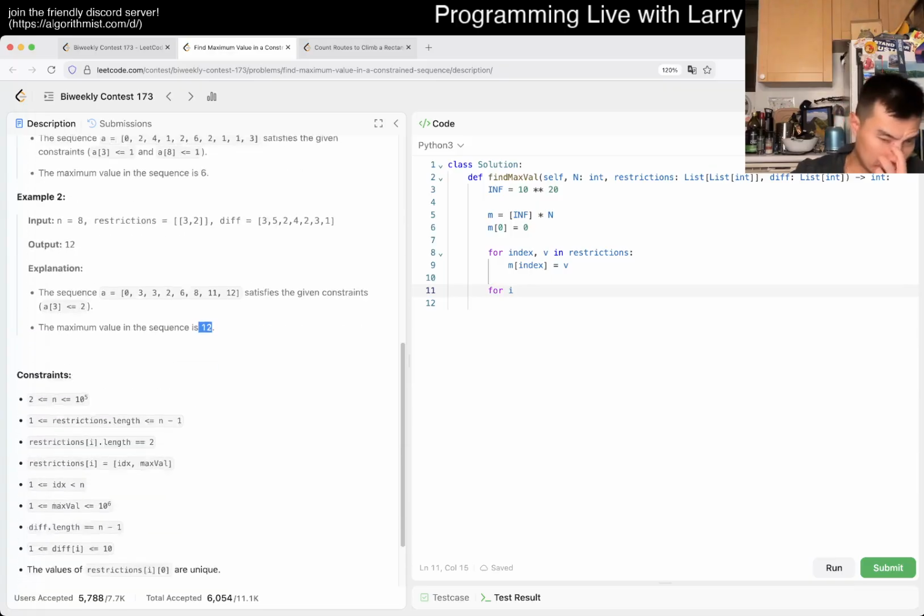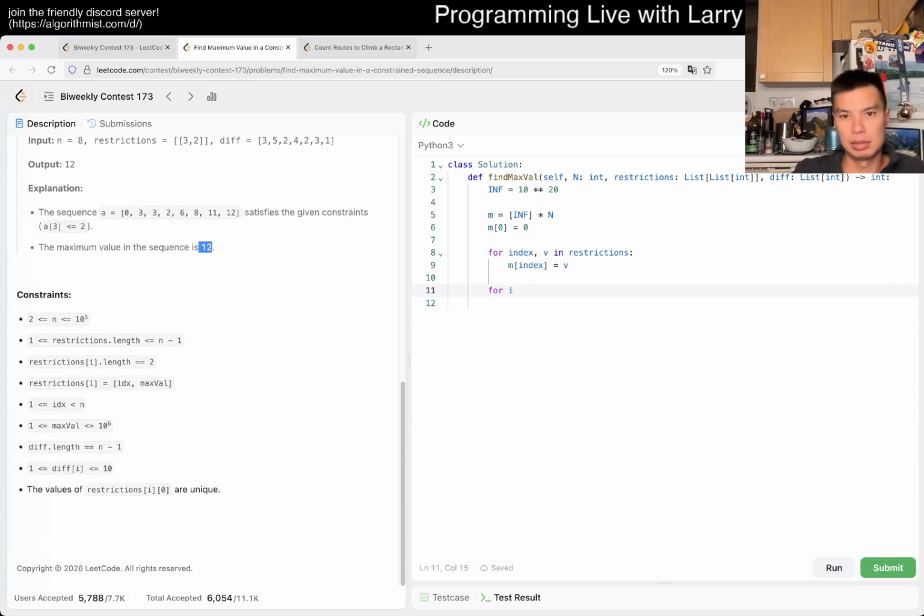Okay, so there are all these constraints. You don't really have time to check against all of them for each index.